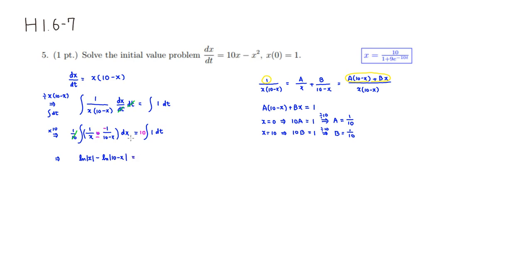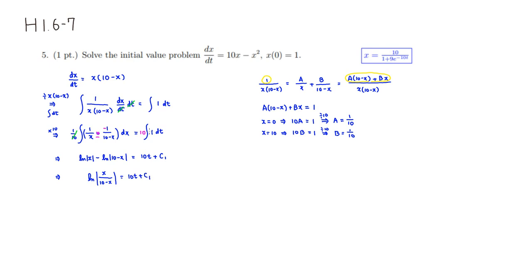And this is equal to, so this is going to be the antiderivative of 10, so it's going to be 10t plus some constant c1, or something like that. So we got that. All right, then we can just use the log property to combine those two logs as absolute value of x over 10 minus x, and this is equal to 10t plus c1.